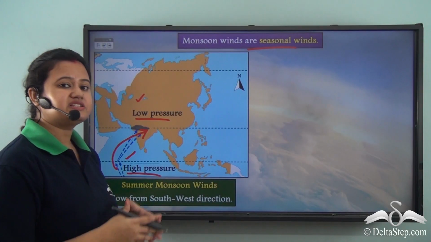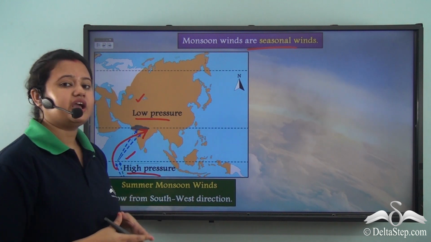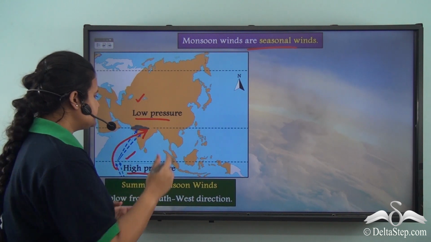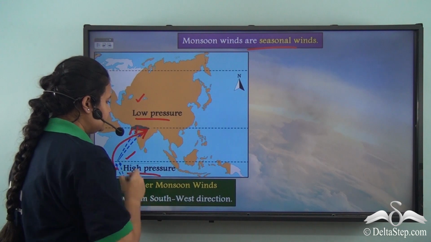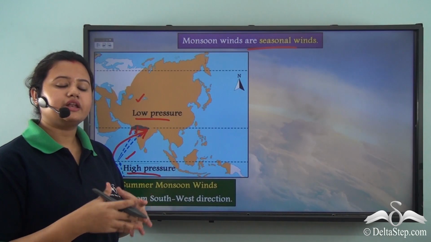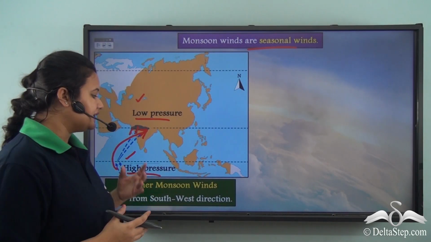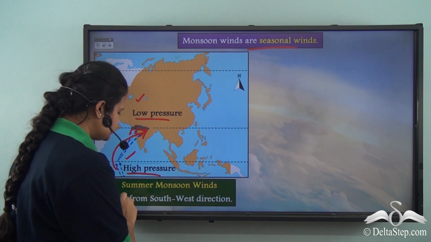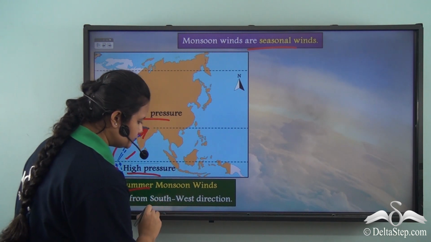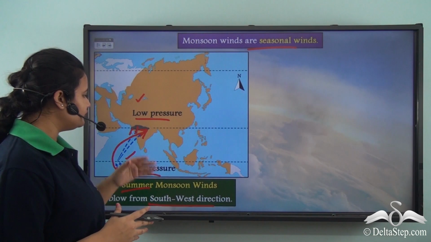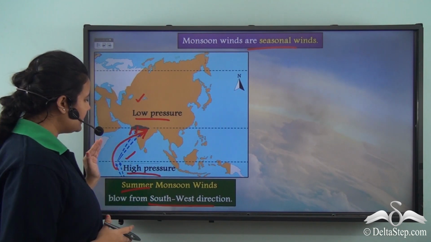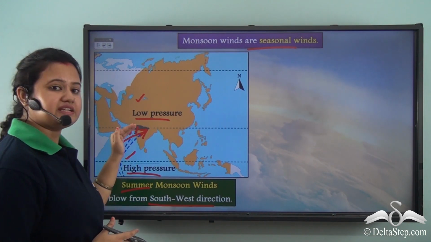Since these winds originate in the sea, they are moisture laden and cause heavy rainfall in the Indian landmass. Another point to be noted is that the winds that are active during summer come from the southwest direction. See, here we find that the summer monsoon winds are coming from the southwest direction.